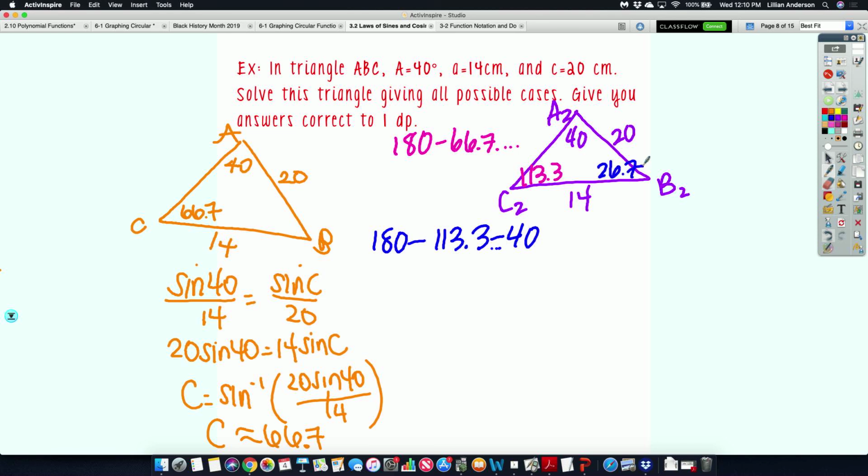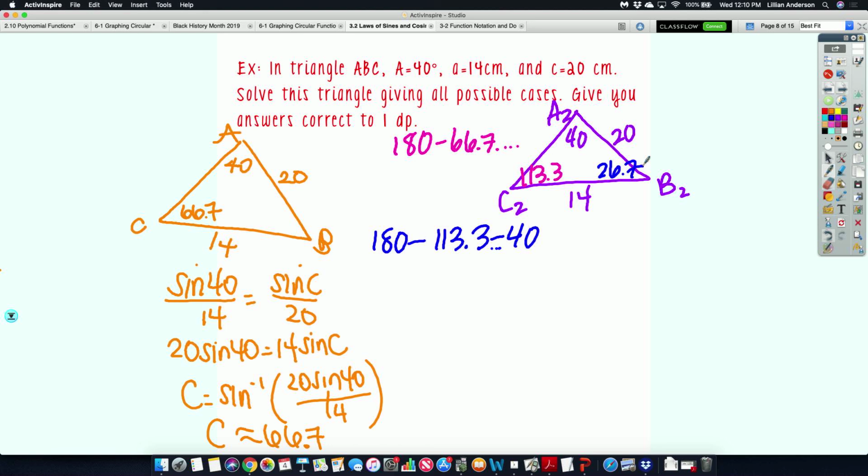So then this is one of those situations where you're going to have two triangles. This is that demonstration that I was showing you. Which means that you don't have just one set of answers here. You have a set of answers for your orange triangle where angle C is 66.7, and you'll have a set of solutions where angle C is 113.3.